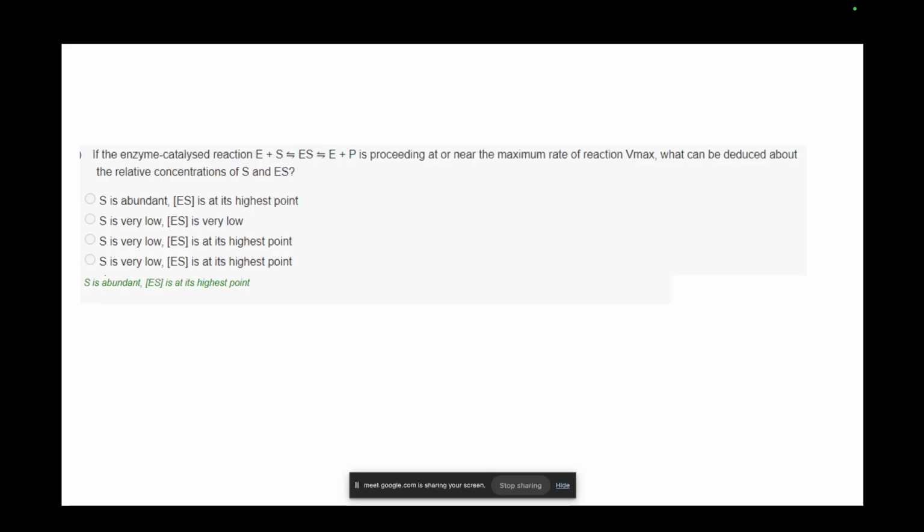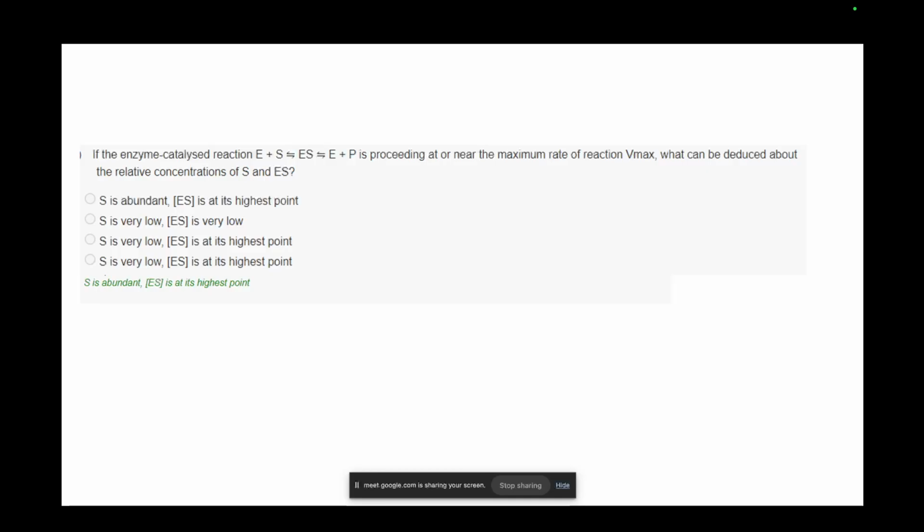In most cases, what will happen is you add enzyme and substrate to form the enzyme substrate complex, which is actually reversible, but the formation of product from that enzyme substrate complex is actually irreversible. But in this case, it's reversible.